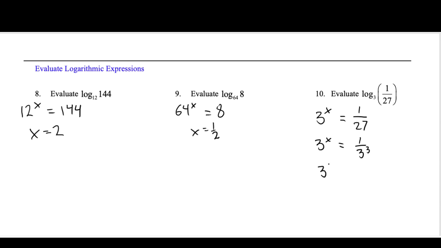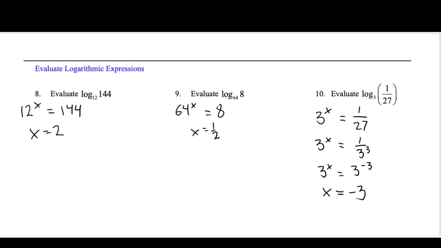And then I could write that as 3 raised to the power of x equals 3 raised to the power of -3, because that's just a property of fractions, right? I can bring this to the top and change the sign of the exponent. And then one of the basic rules of exponentials is that if you have two exponential expressions with the same base, then the only way that could be true is if the exponents are equal, right? So that means that x has to equal -3 in this one. Okay.